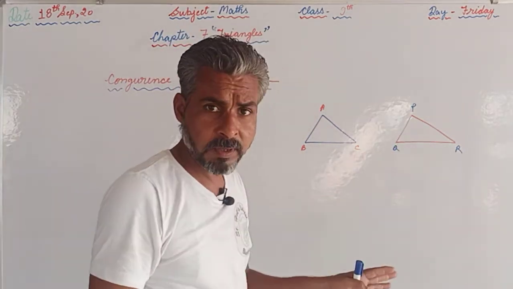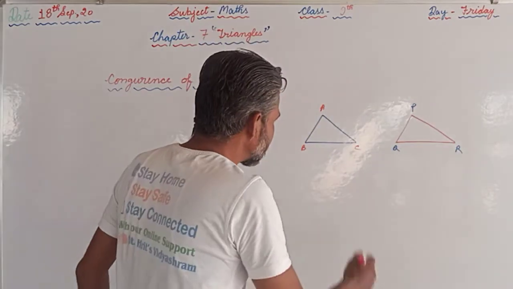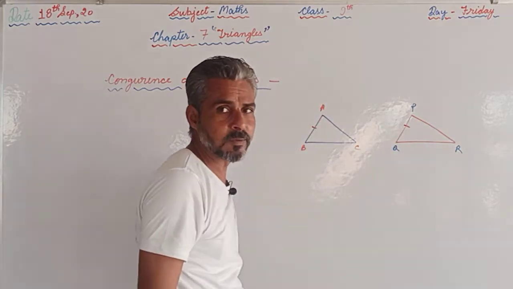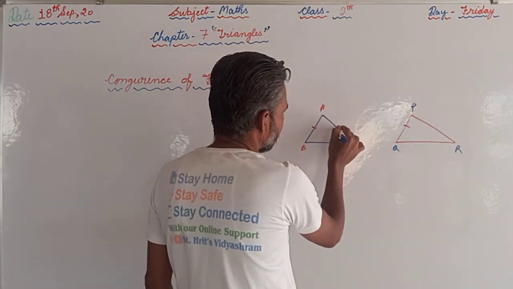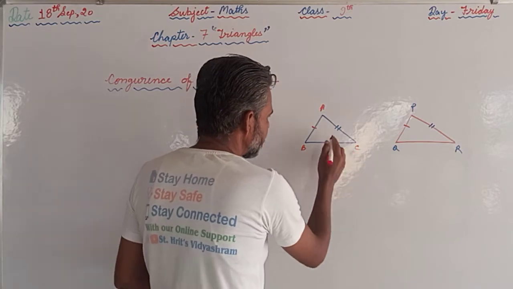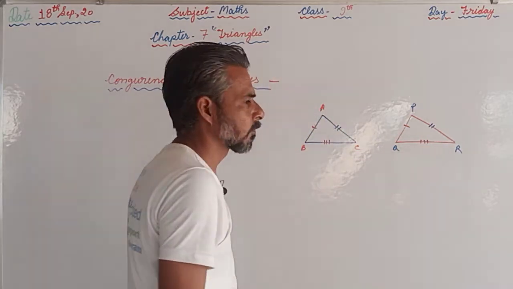They can be congruent if the corresponding sides are equal. Corresponding sides means AB equals PQ, AC equals PR, and BC equals QR.